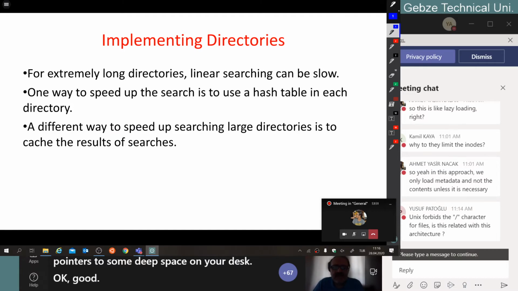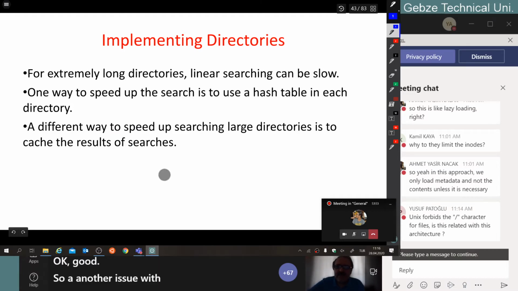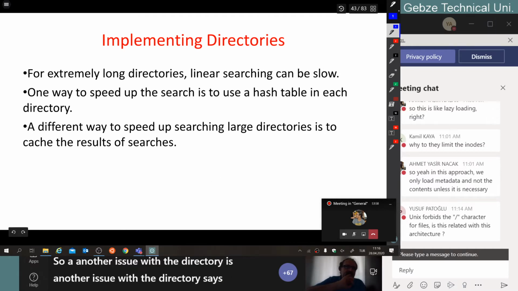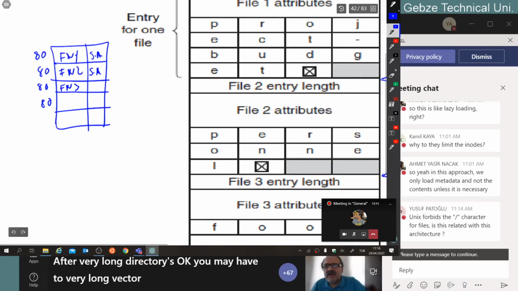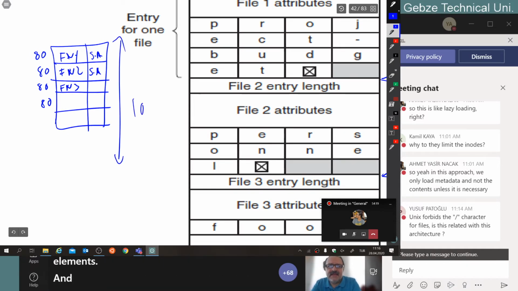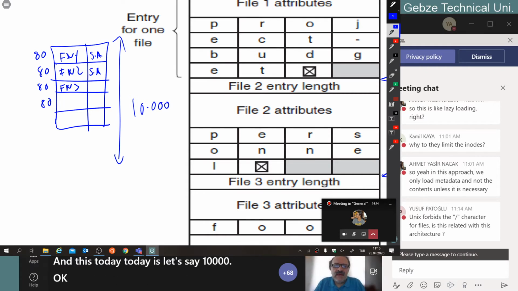So another issue with the directories is you may have to have very long directories. Let's say the number of elements in this directory is, let's say, 10,000. And I keep this information in the disk.